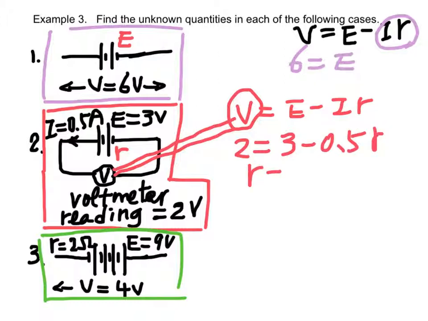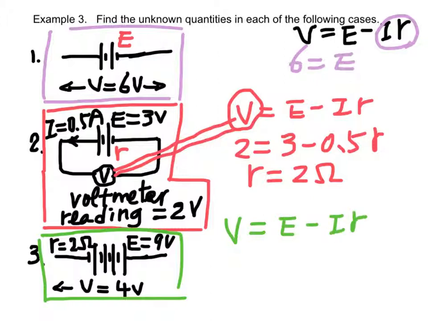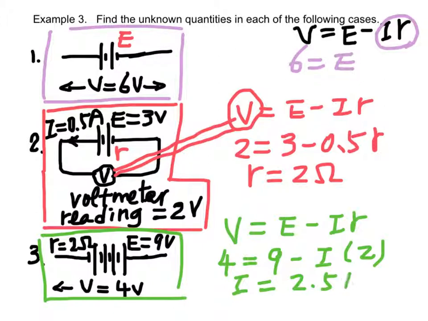Therefore, internal resistance of the battery is 2 ohms. Case 3, V equal to E minus Ir. V is 4 equal to E is 9 minus I times internal resistance 2 ohms. Therefore, the current drawn from the battery equal to 2.5 amperes.